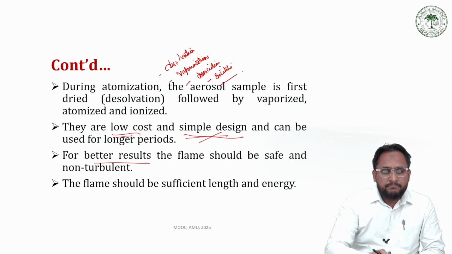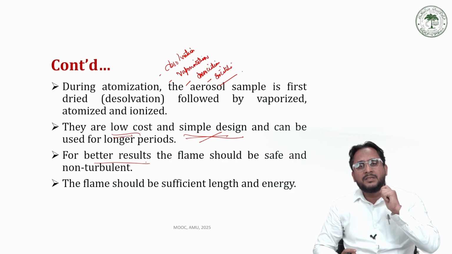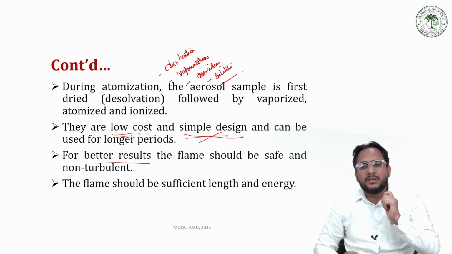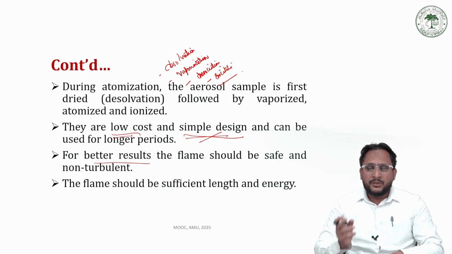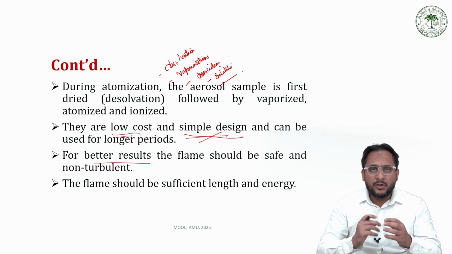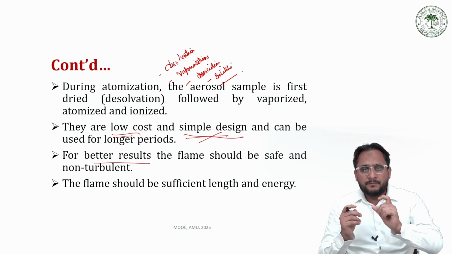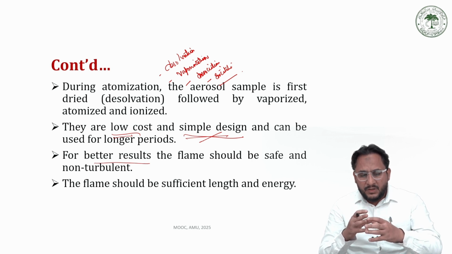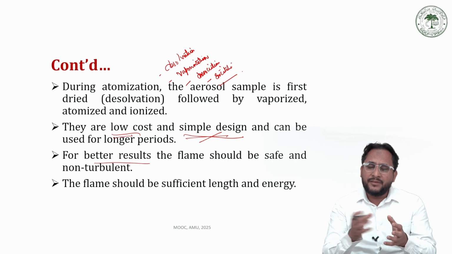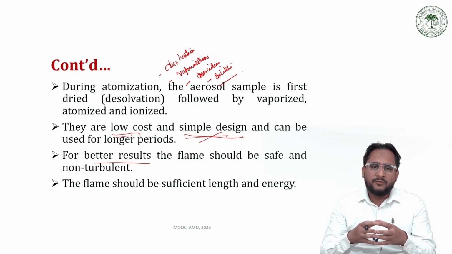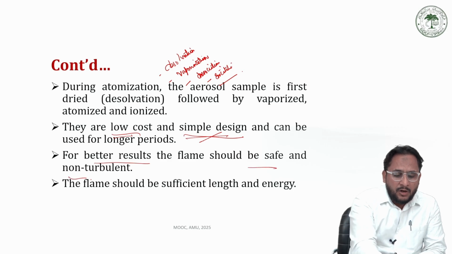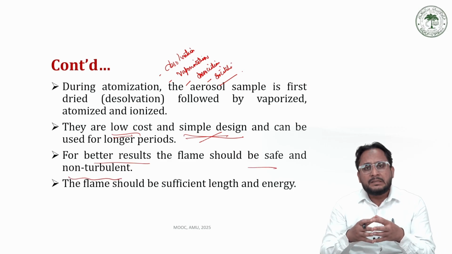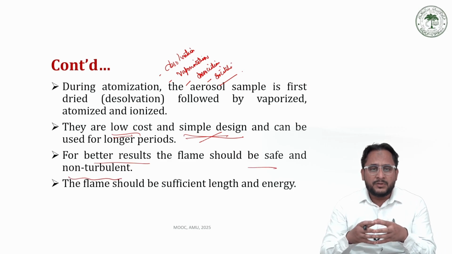Further, in order to get reliable, reproducible results, the flame should not have a turbulent performance, it should not vibrate, it should not get affected. For better performance the flame should be stable and non-turbulent, otherwise the results will not be reproducible.